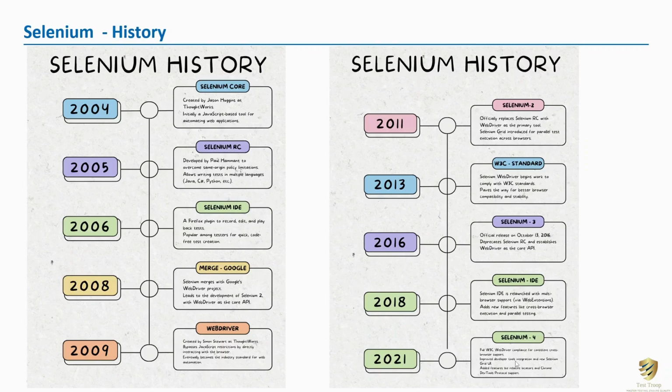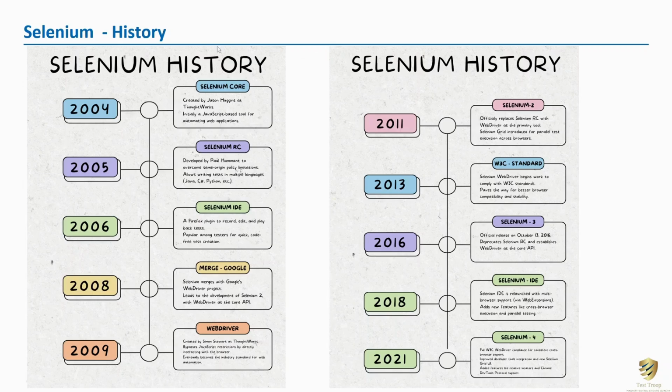In Selenium 4, that was replaced with W3C WebDriver, along with improved developer tools integration, the new Selenium Grid UI, and added features like relative locators and Chrome DevTools protocol support. So there is an enhancement with respect to the standards as well as the grid, and extra features like relative locators were added in Selenium 4.